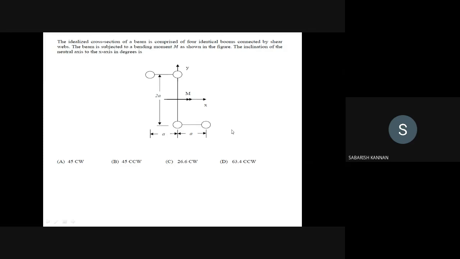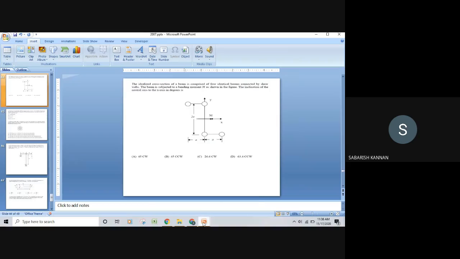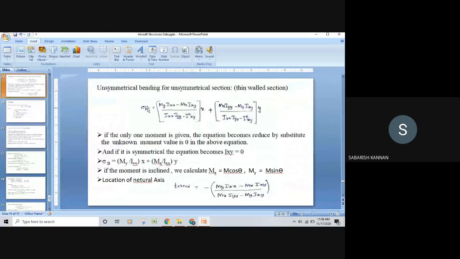The formula is sigma b equal to My Ixx minus Mx Ixy divided by Ixx Iyy minus Ixy squared, times x. So this is our formula.